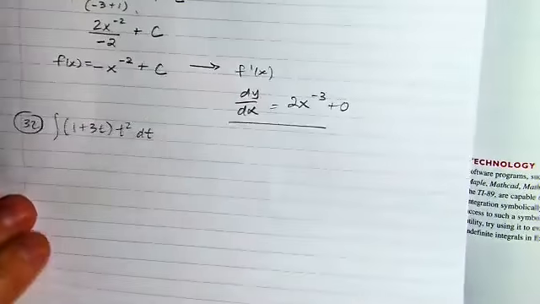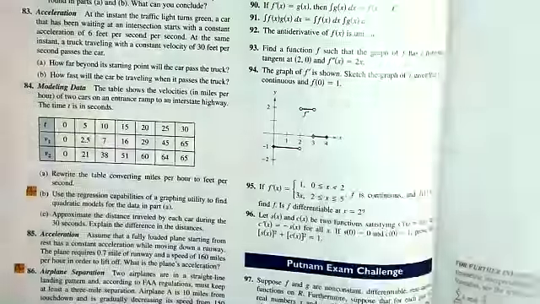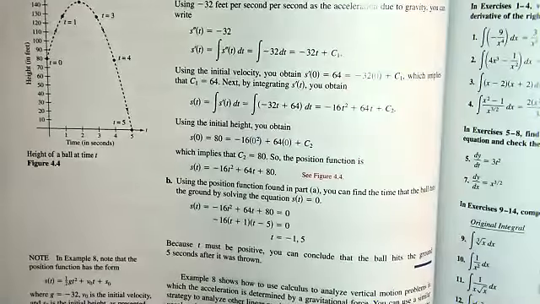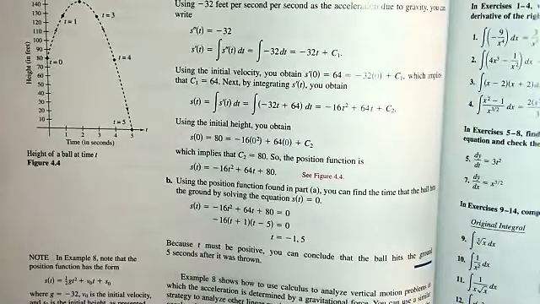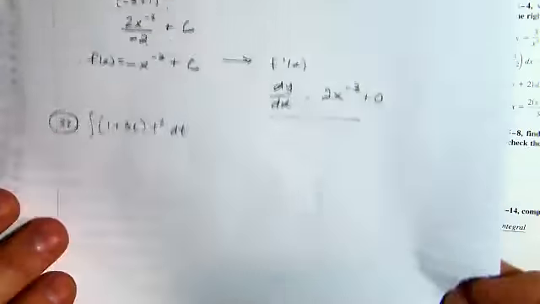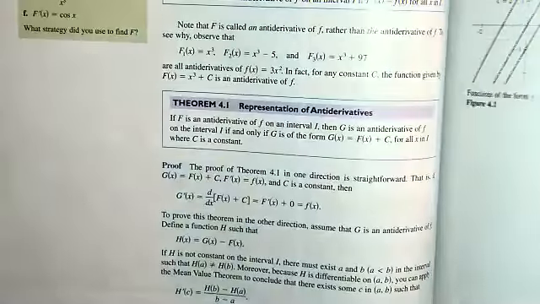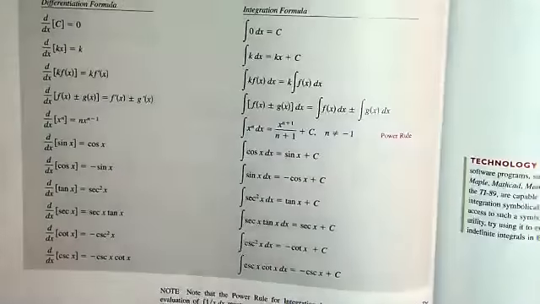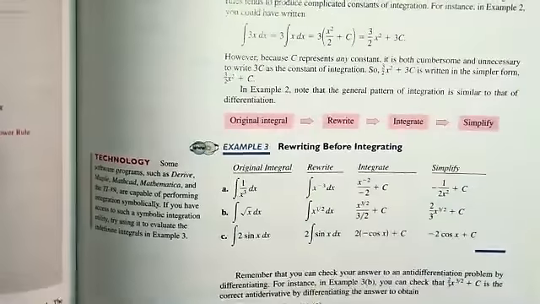Okay, problem 32, going a little further on into the exercises. It's asking us to find the indefinite integral and check the result by differentiation. So we're going to use the process that's on page 251. If you go back to page 251, you see this process.